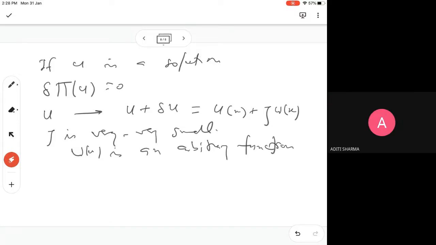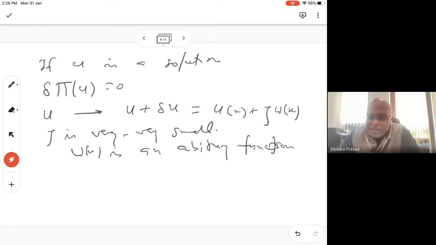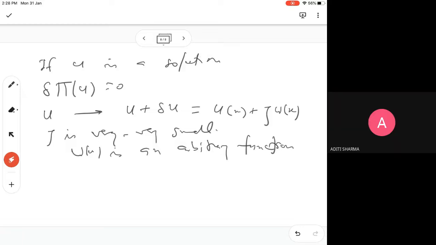These functions are arbitrary, so they can be cubic or any sort. Any sort, yes, as long as it is finite. Sir, that's why I'm asking, how can we say it's finite?